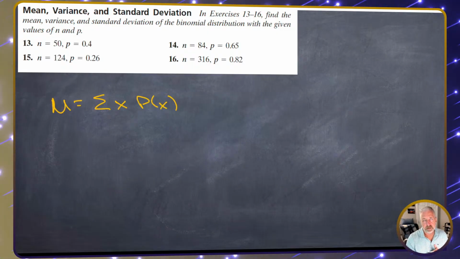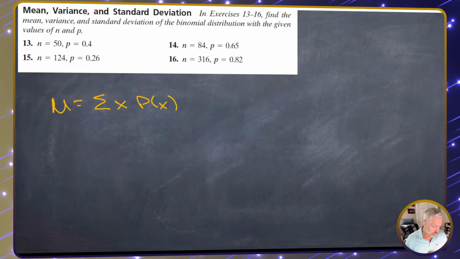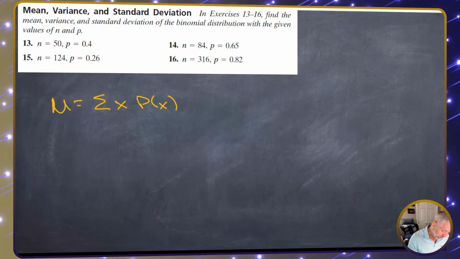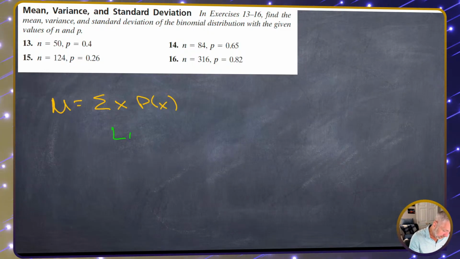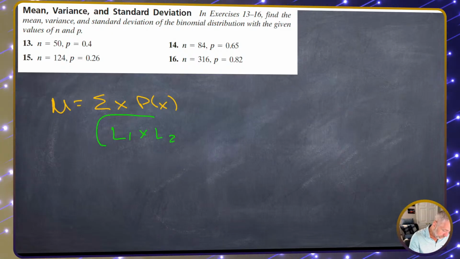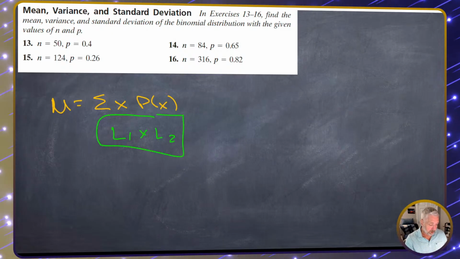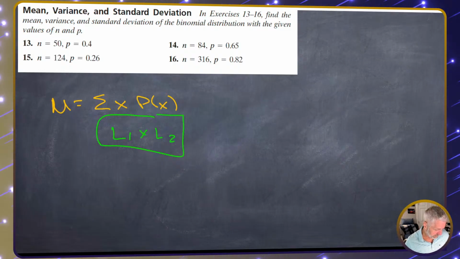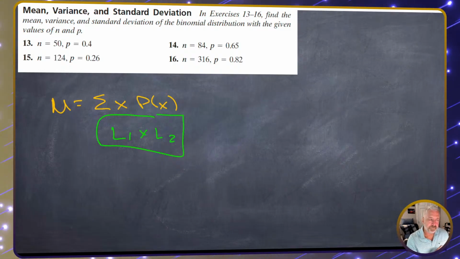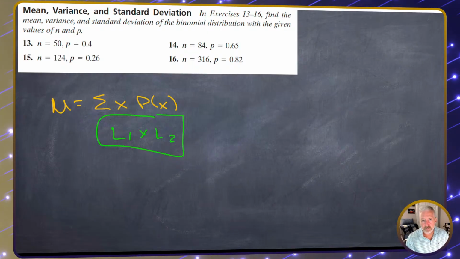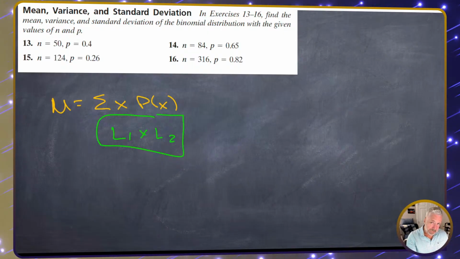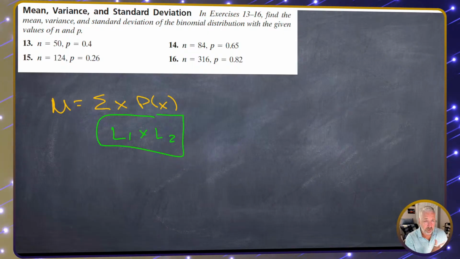We worked within stat plot to work through a lot of those. Because if you remember, instead of using this, we would use L1 times L2. In other words, use the syntax of the calculator to help us find this. Then we just found the sum at the end. We're going to walk through that a little bit tonight. Your binomial distributions are still using this exact same formula. This is just a shortcut formula.